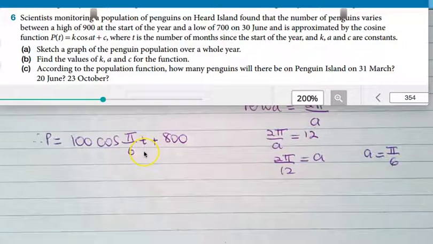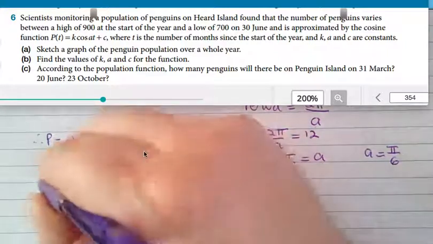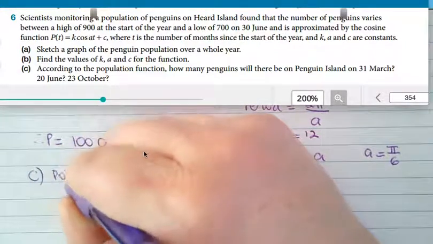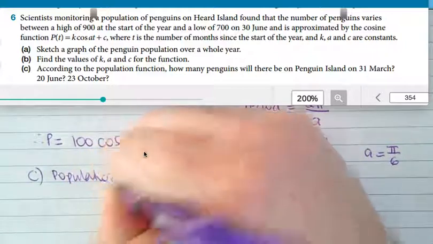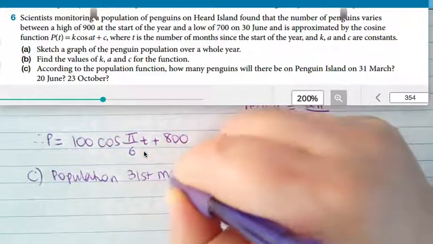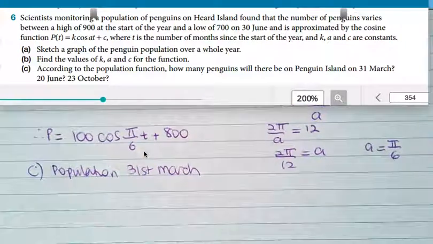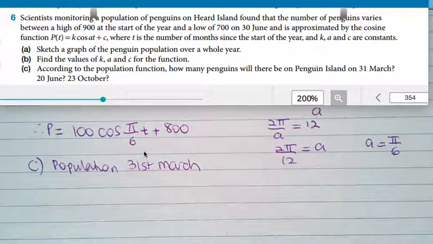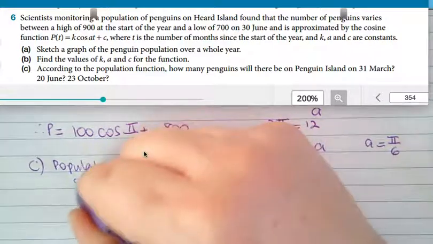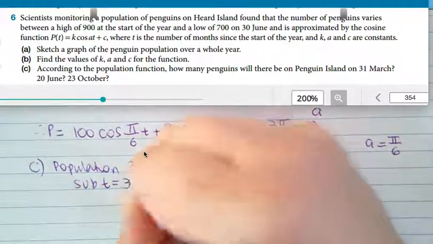So what's the first one going to be then? Part C, the population on the 31st of March. You can say T is 3 months. So you sub T is 3.